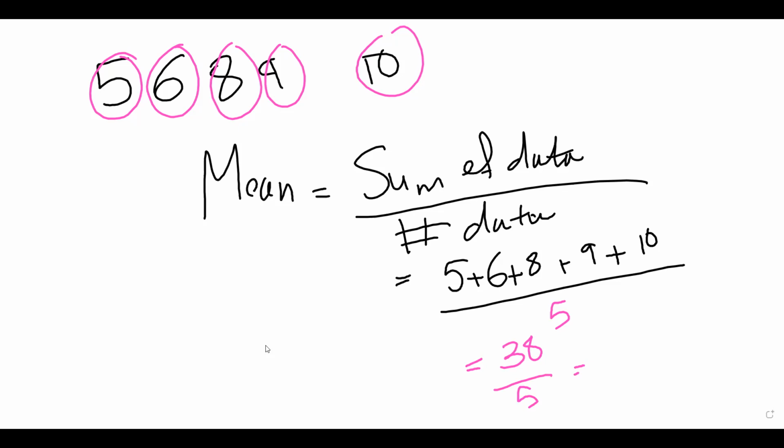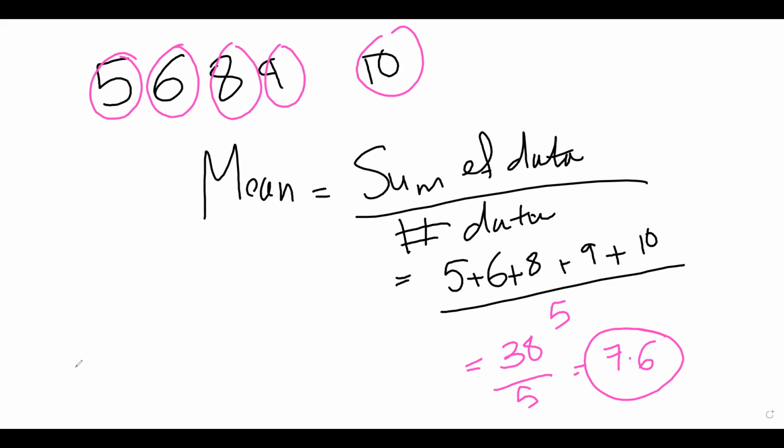Let's divide. 7 times 5 is 35, so the answer is 7.6. So the mean of these scores in the math quiz is 7.6. This is how to find the mean.